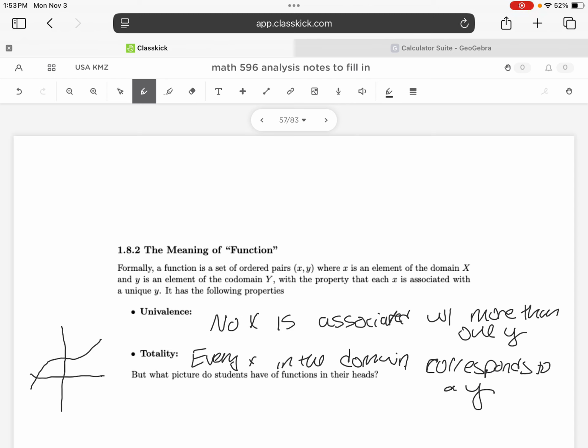The problem with that is that their mental image is excluding any kind of discontinuous or piecewise defined functions, and that can cause misunderstandings when you get to a lot of different theorems, but in particular when you get to some calculus theorems like the intermediate value theorem.